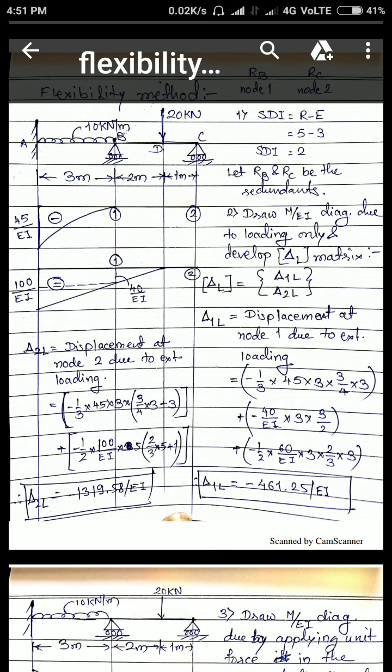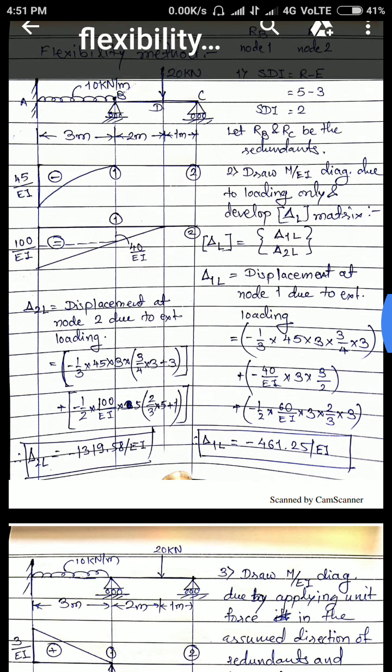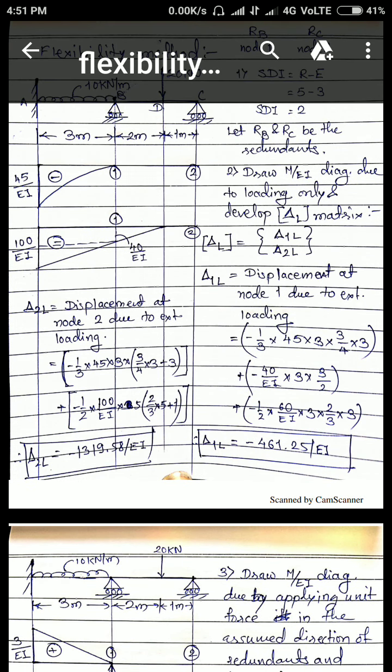Okay, so if you add these three values you will get delta 1L, that comes out to be minus 461.25 divided by EI. Next is delta 2L, that means displacement at node 2 due to your external loading.